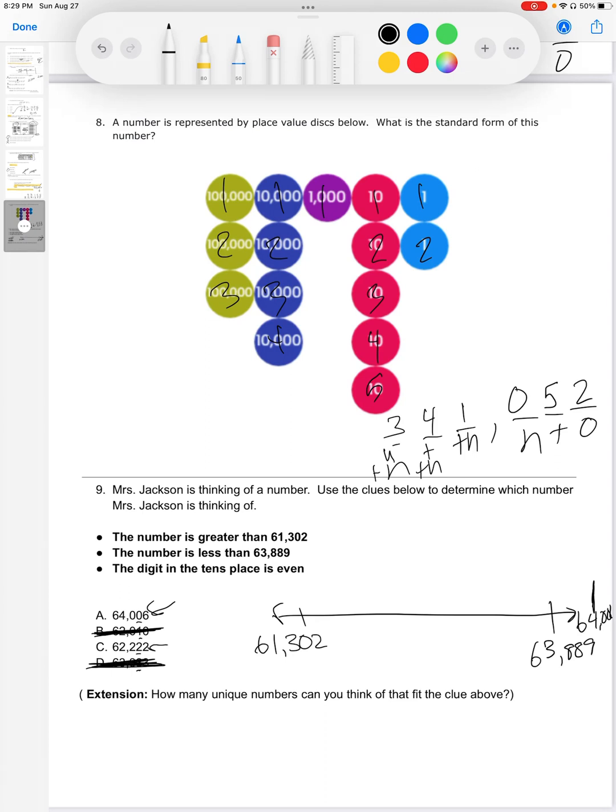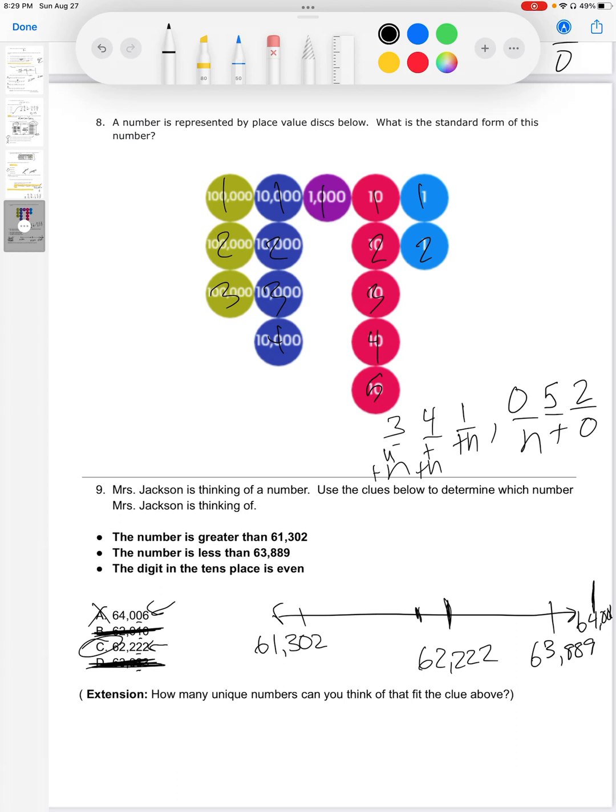I'm going to plug in, though, this last answer choice just to be sure. 62,222. I'm going to say this would be about 62,000 there. So 62,222 would probably go somewhere in that area. Okay, that means C is the answer choice. It is the only one that falls within the clue of greater than 61,302 but less than 63,889, and is even in the tens place.